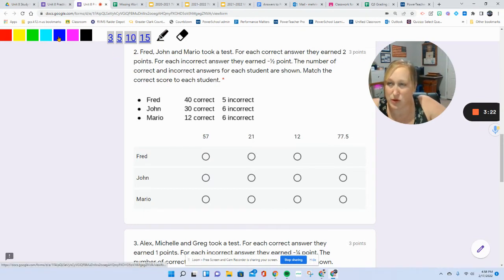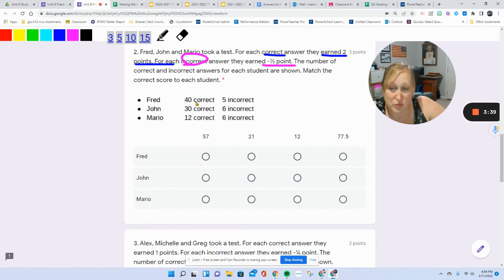They earned 2 points for correct, but they lost a half a point for incorrect answers. So I'm still going to do the same strategy, but the good points is 40 correct, so he gets 2 points for each one. So 40 times 2, Fred gets 80 points.